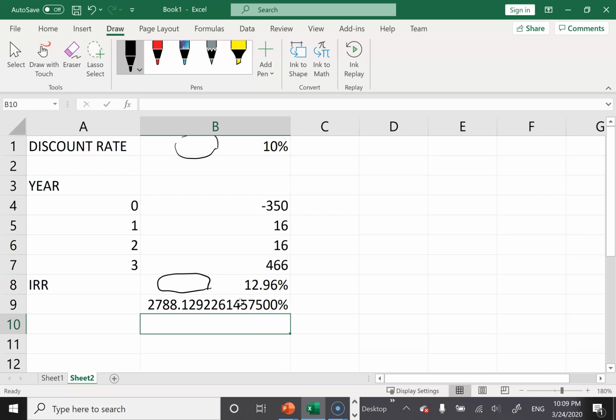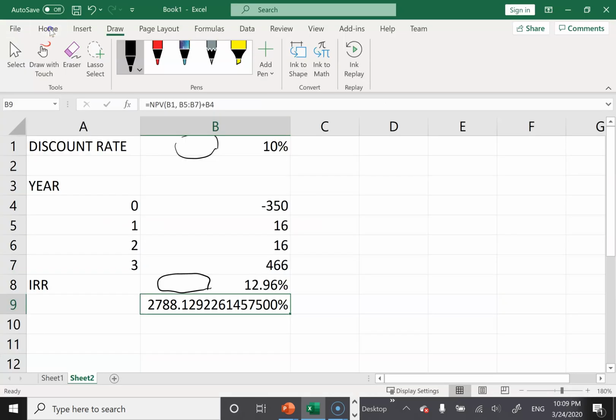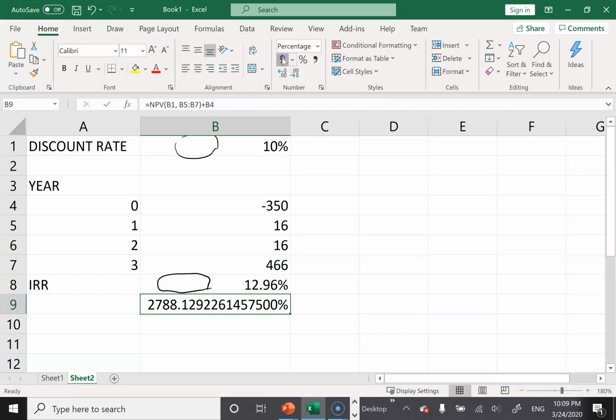When we calculate the NPV, we see that the NPV of this project is $27.88. What it means is that when the company initiates this project, the company will make a total profit of $27.88, right?